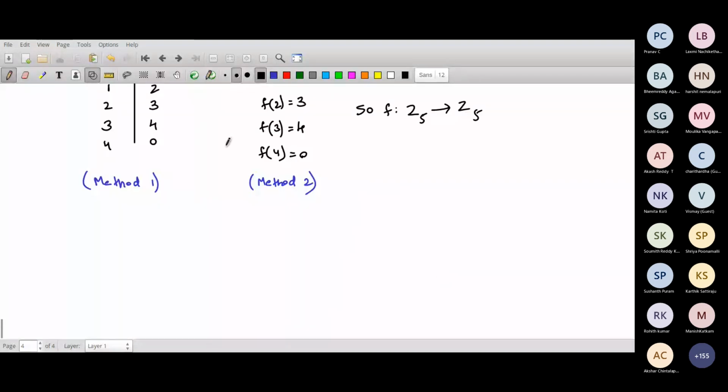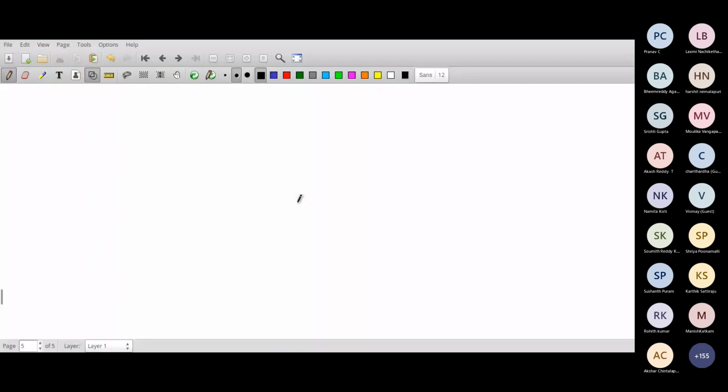And then let's look at another example. This is a game which all of you know, stone, paper, scissors. Right.